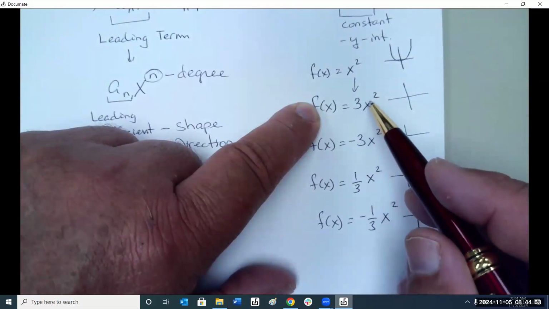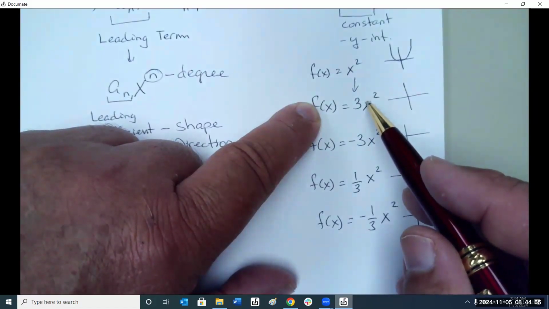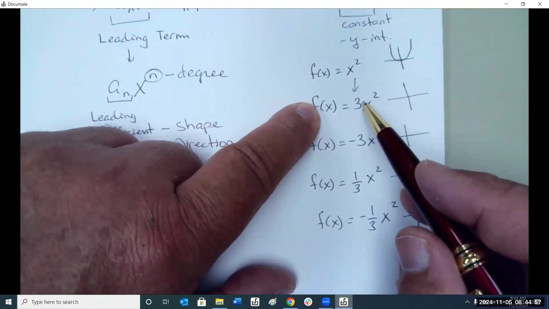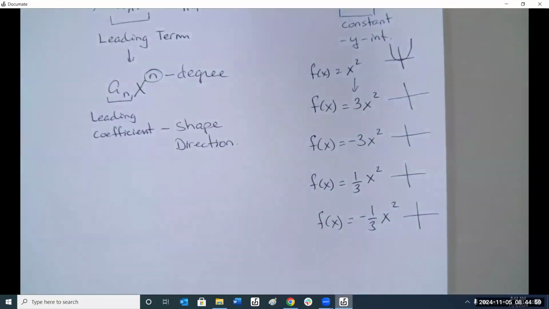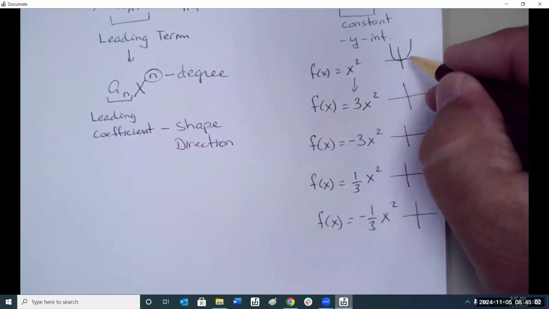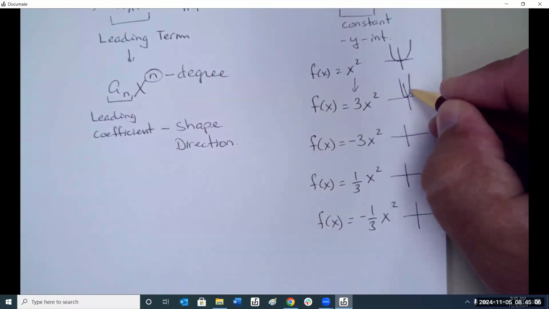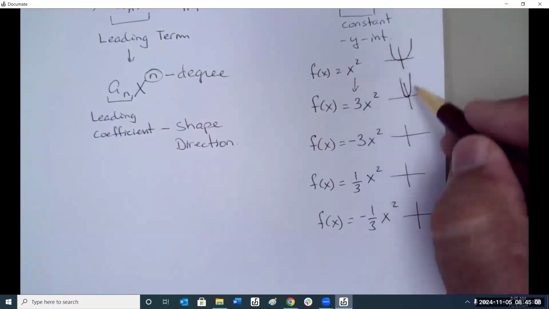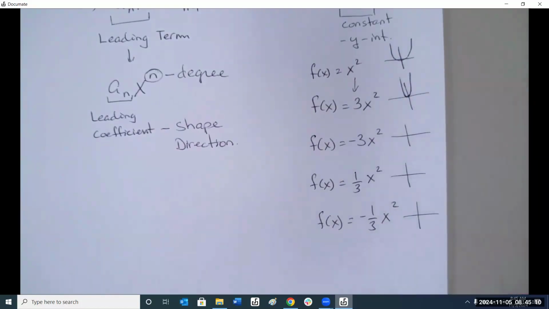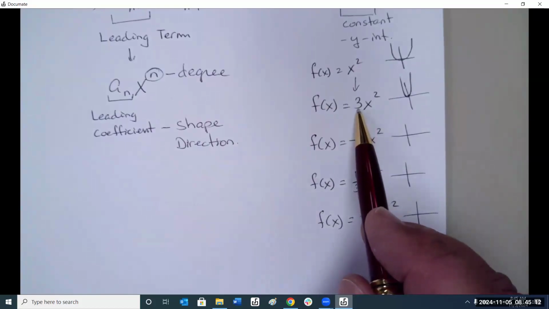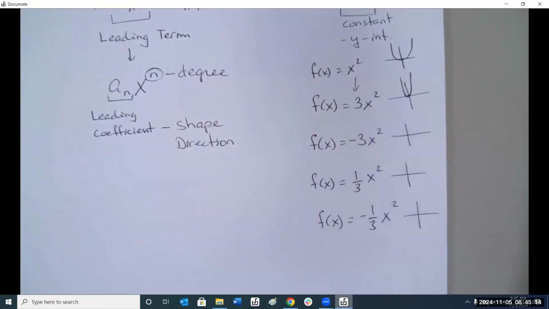Anything outside the function is vertical. This is not inside the function, so it's vertical. It's an expression, so we're expanding. So instead of being this wide one, it's going to be narrow. The bigger the coefficient is, the skinnier it gets.